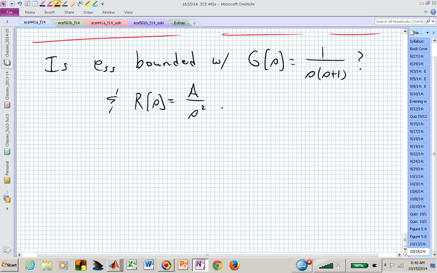What's going to save us is that pole at the origin. That pole at the origin is going to be the saving factor here. Is the closed loop system stable? Closed loop system doesn't really depend on the input, does it? Closed loop system is stable.